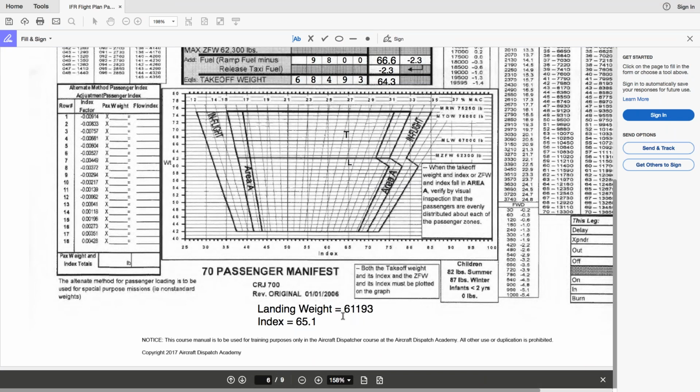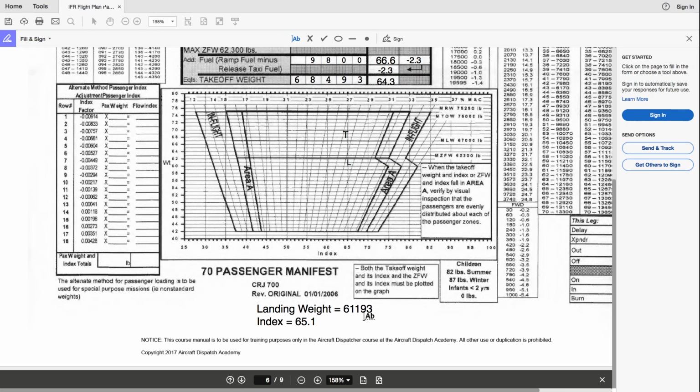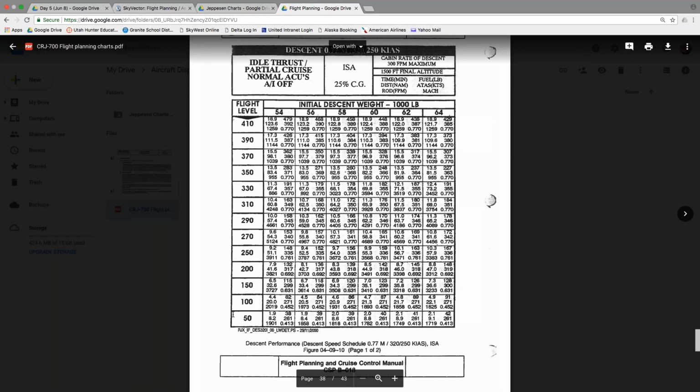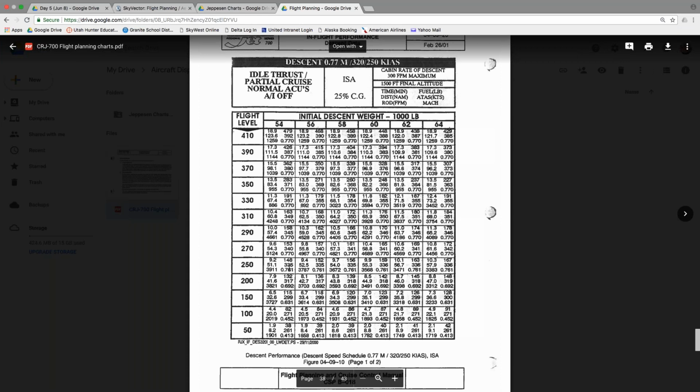And we're just going to round that up to the next 1,000, really. I mean, we're going to add 300, right? Because that's a good average for our descents. That'll get us 61,400 almost. Just round that up to the nearest 1,000, 62,000 pounds. Okay, so ISA, 62,000 pounds from flight level 390.